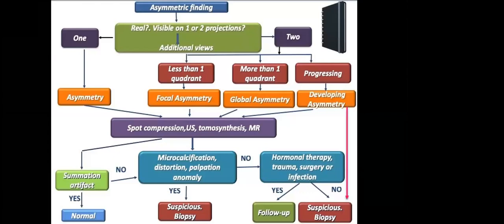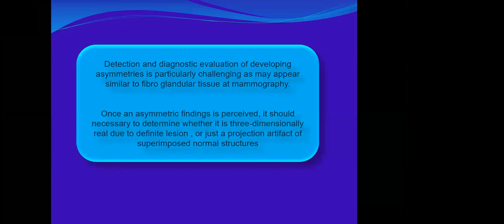Okay, we understand the algorithm. We'll go through examples. Before going through the examples, detection and diagnostic evaluation of developing asymmetries is particularly challenging, as it may appear similar to fibroglandular tissue at mammography.